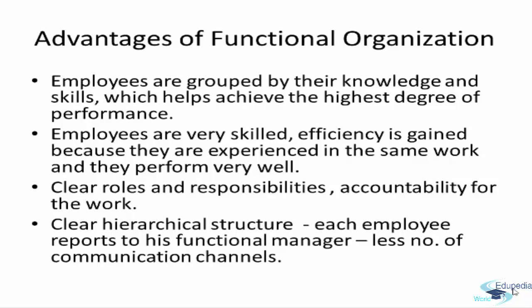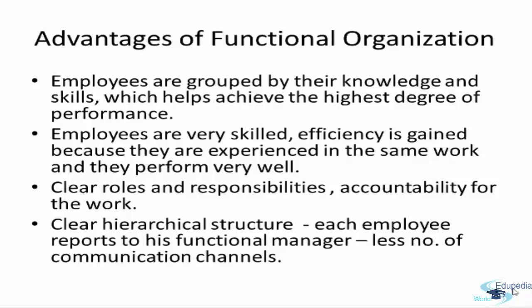Clear roles and responsibilities, accountability for their work. Each functional manager and their subordinate staff have clearly defined roles and responsibilities. Everybody knows what they are going to do, what their responsibilities are, and what the accountability is for each task.